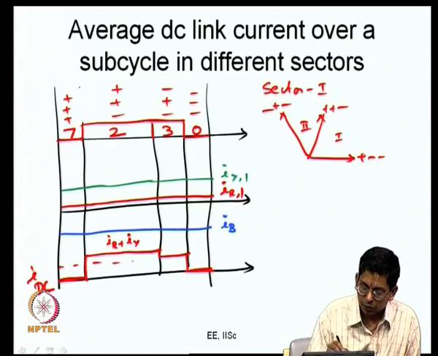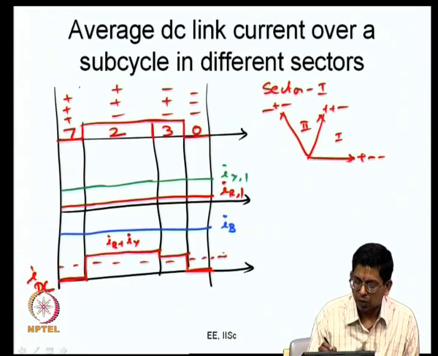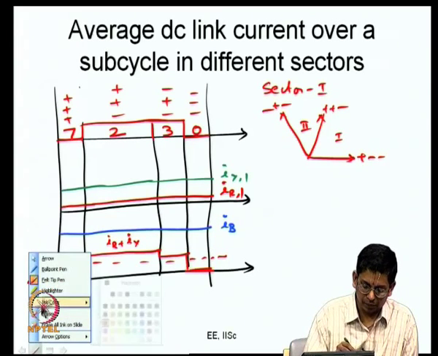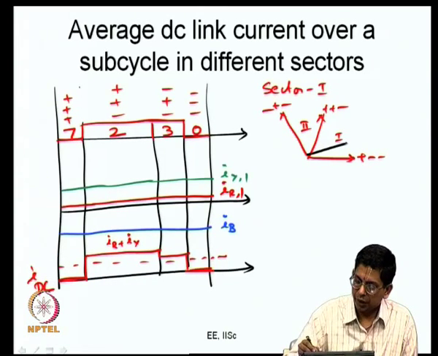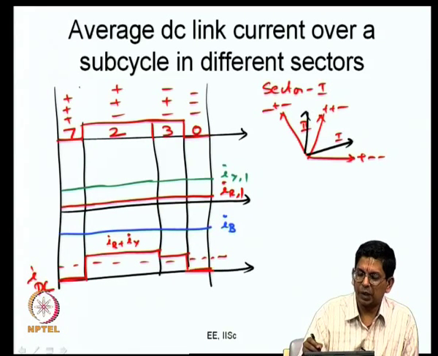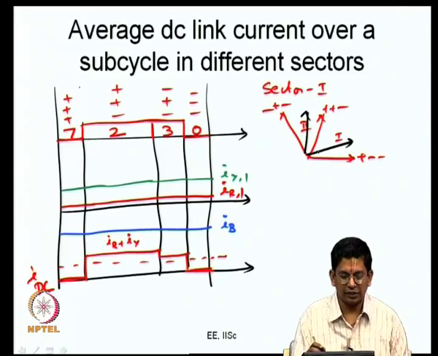So, if you take two instants which are 60 degrees away, let me just show that here. If you take two instants which are 60 degrees away, like here, this is Vref, that is Vref, the same value of fundamental angle, the angle is 60 degrees.